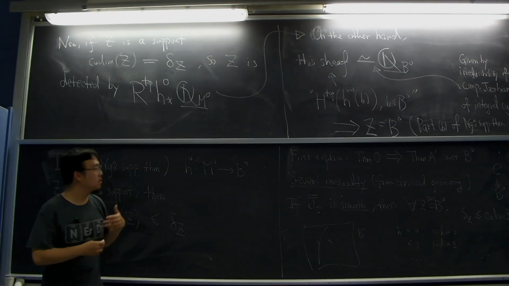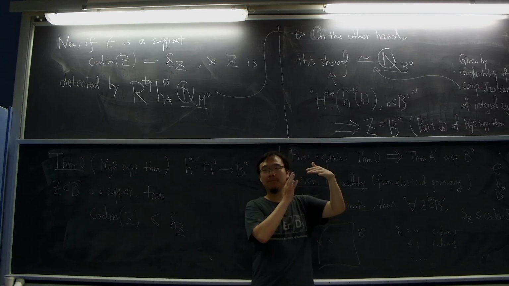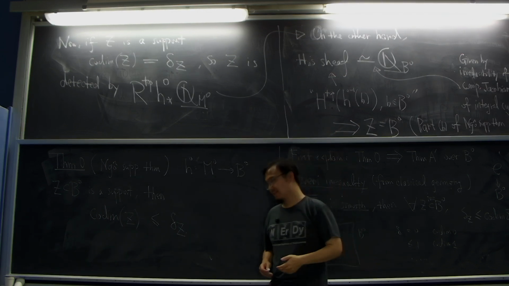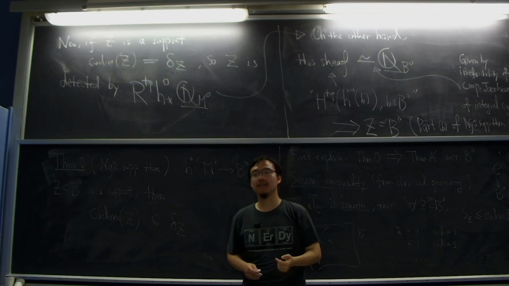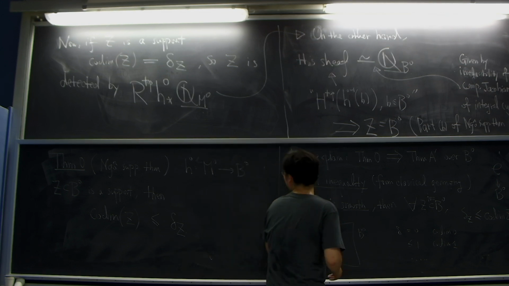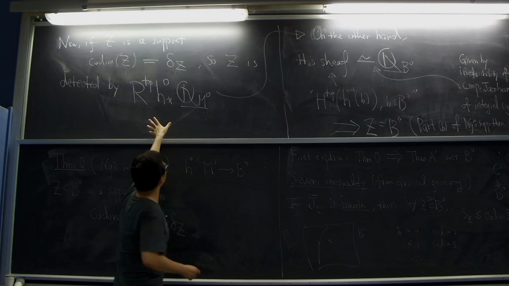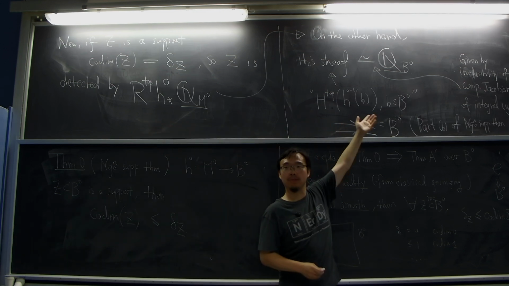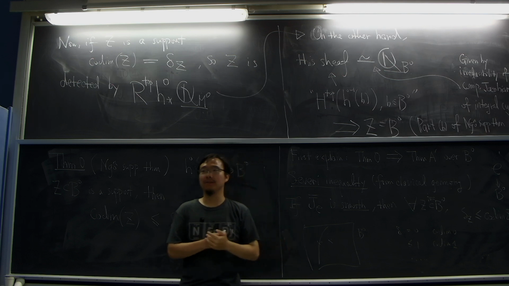In particular, there would be many components in the top degree cohomology, so it certainly won't be a constant sheaf of rank 1. So if you look at this invariant over the entire B, you're in trouble because there are too many candidates for the supports outside of B0.